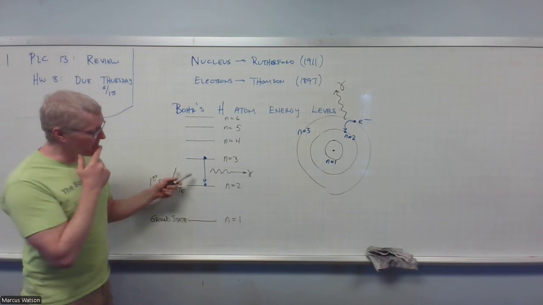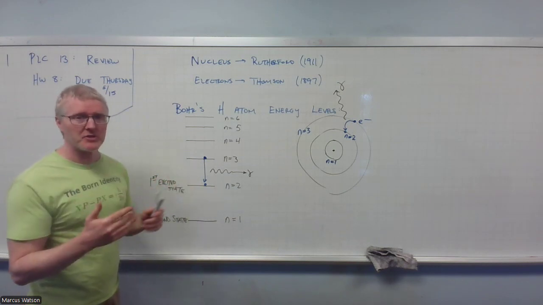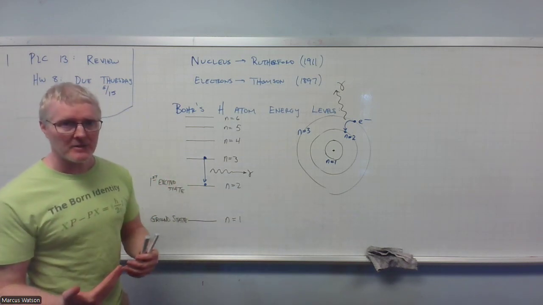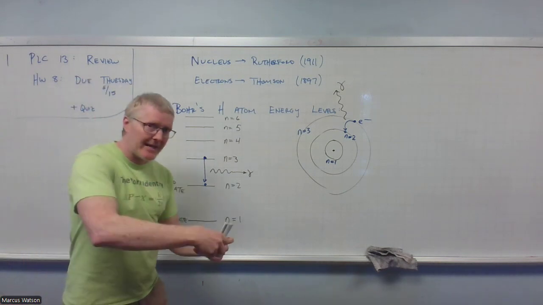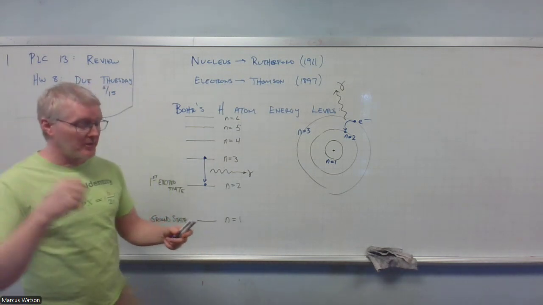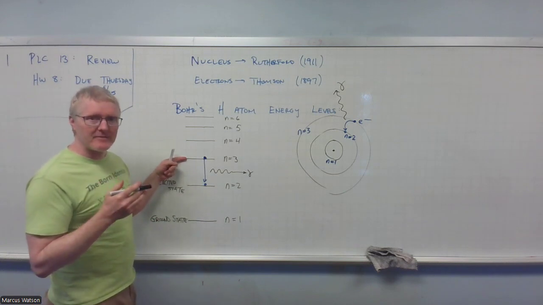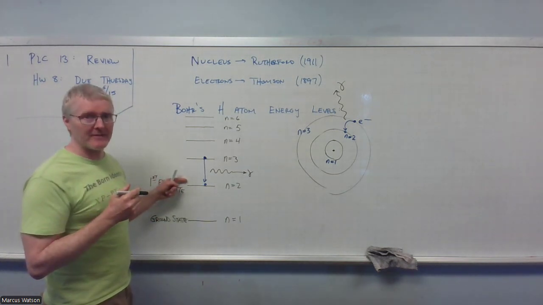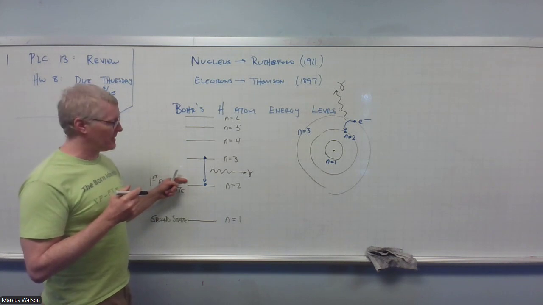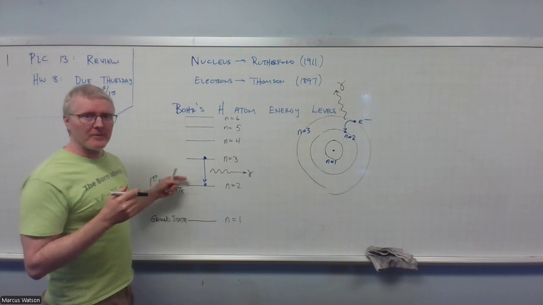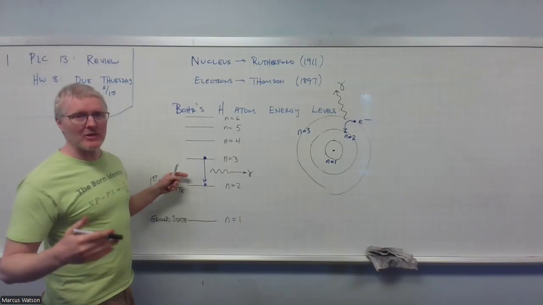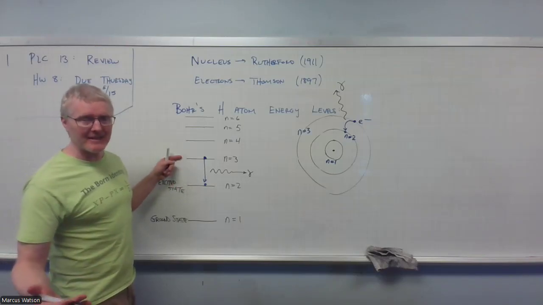Since this is a bound system, we have the convention of calling the energies negative, because you have to put in energy in order to rip them apart. So this is a less negative number going to a more negative number. All right? Therefore, the more negative number is technically lower in energy than the less negative number.